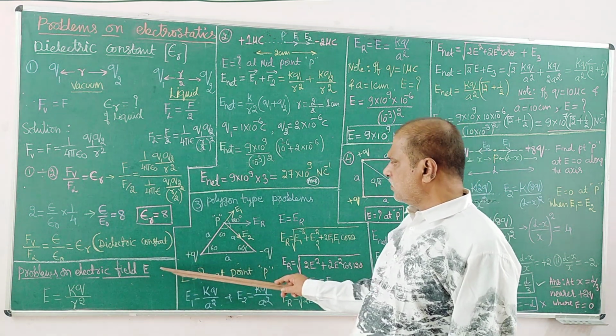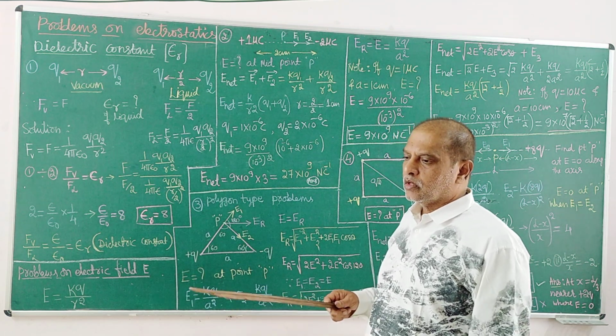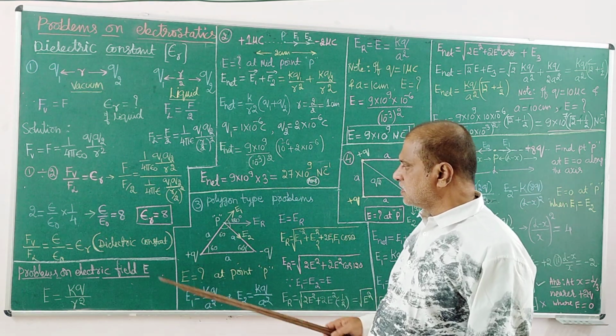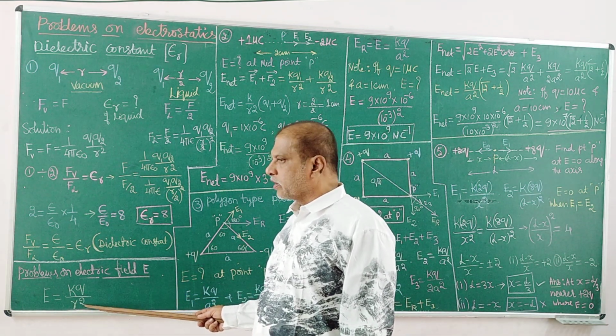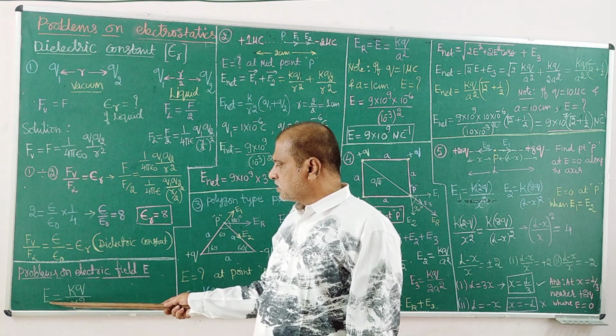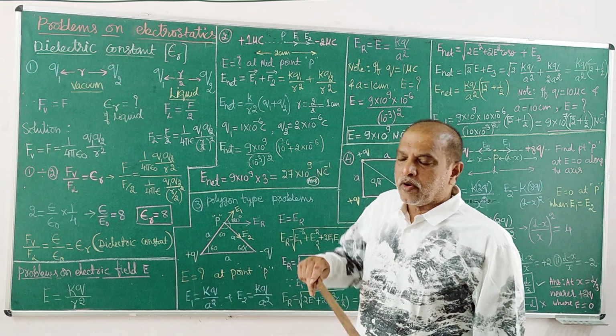The definition for electric field at a point in the space is E equals kq by r square. What does E stand for? E stands for electric field intensity at a point.